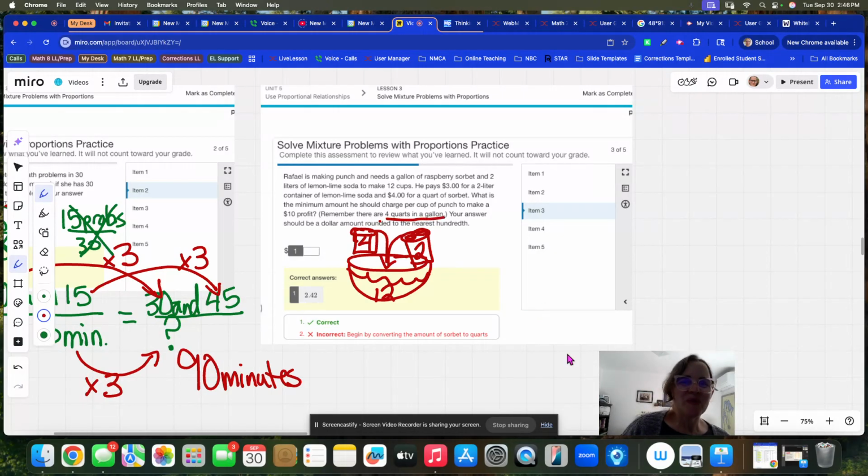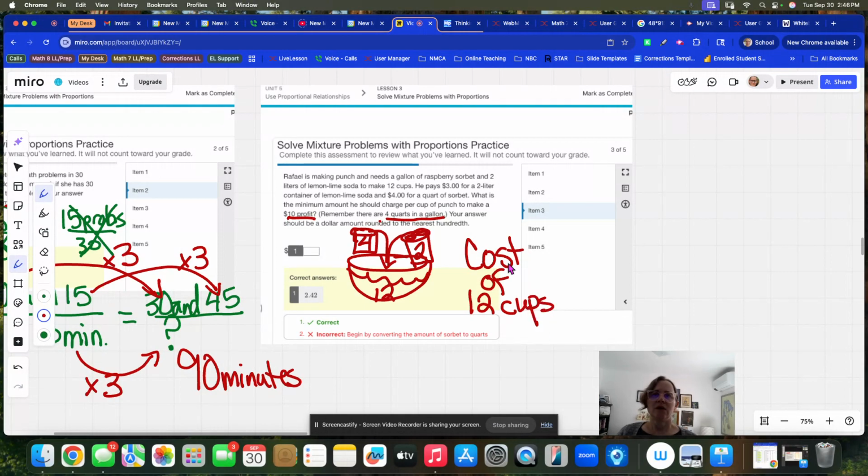Okay, but what I really want to know here is how much money that costs, because I know he wants to make a $10 profit. So first I'm going to find the cost of 12 cups. Okay, so if he's going to use 4 quarts of the sorbet, okay, so we've got the sorbet is 4 of those quarts to make a gallon times $4 per quart.